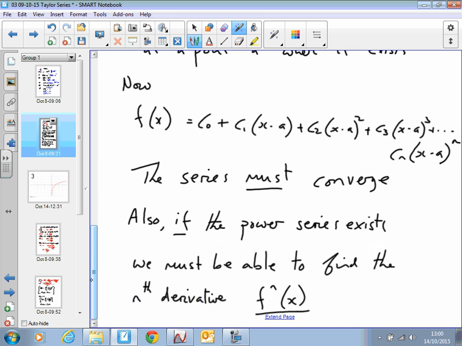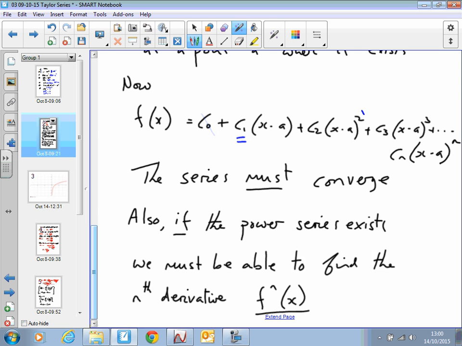And if it exists as a power series, in other words, we've got all these terms, then if you think about it, we must be able to differentiate it. If you look at this power series, if I differentiate it, this term's going to disappear because that's a constant, and then we'll just be left with c1 because the x term will disappear.